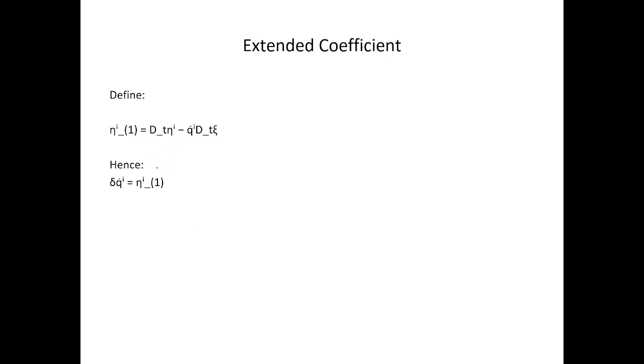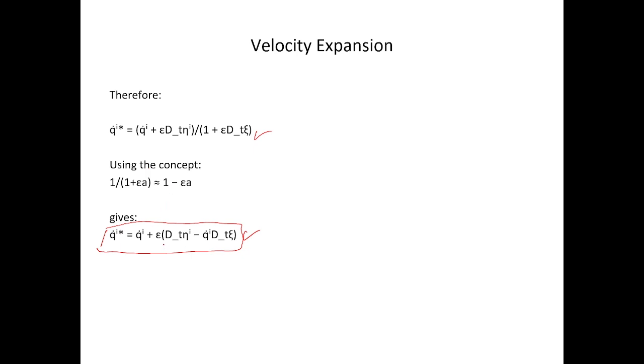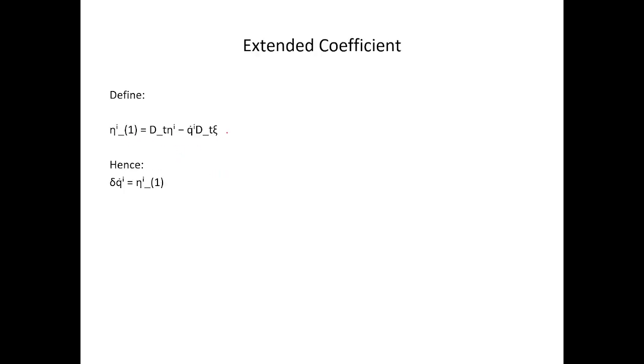Inside the bracket, this term is the extension, eta 1, the variation in velocity. We will explain this equation a little bit later.